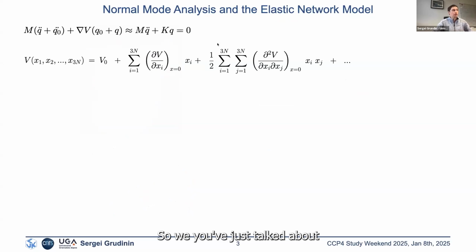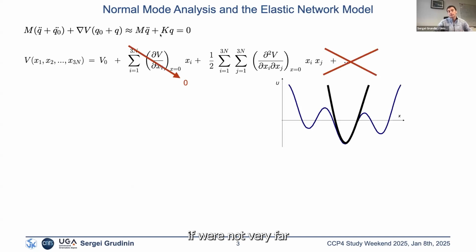You've just heard about molecular dynamics, which solves Newton's equations of motion. But these equations can also be solved slightly differently if we're not very far from the equilibrium position. Here we may expand the potential energy into a Taylor series.